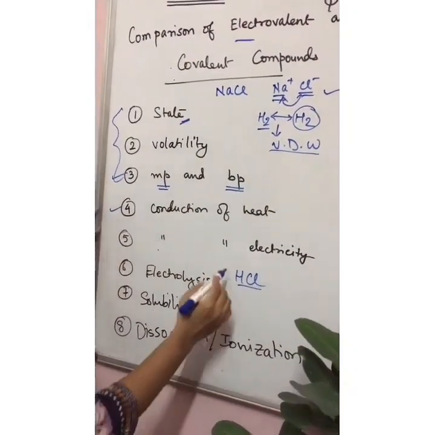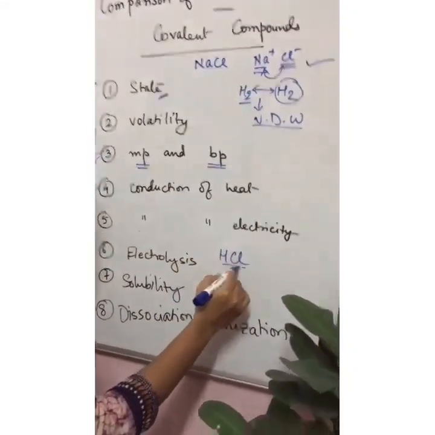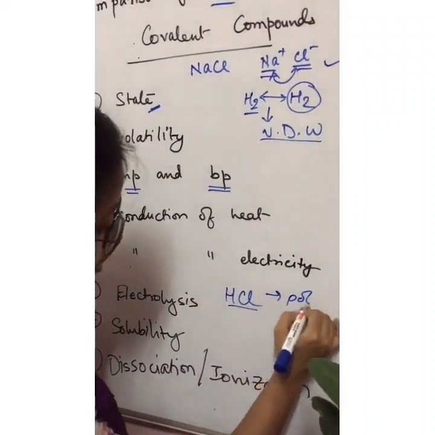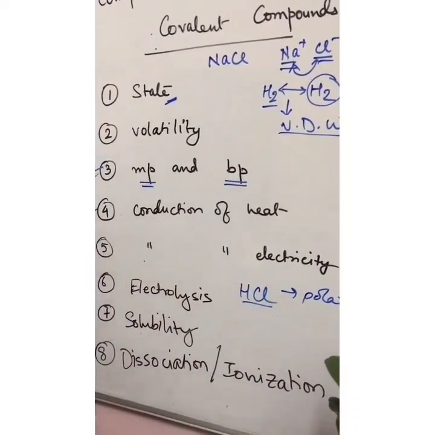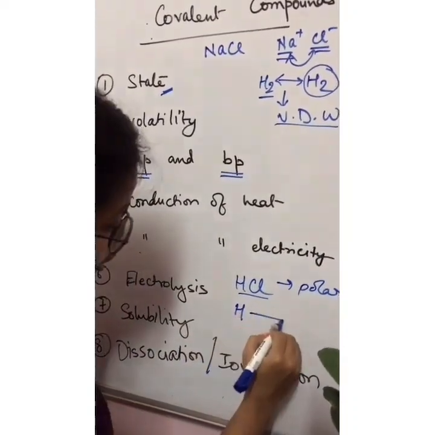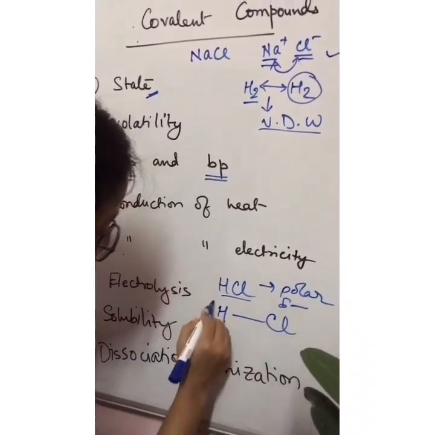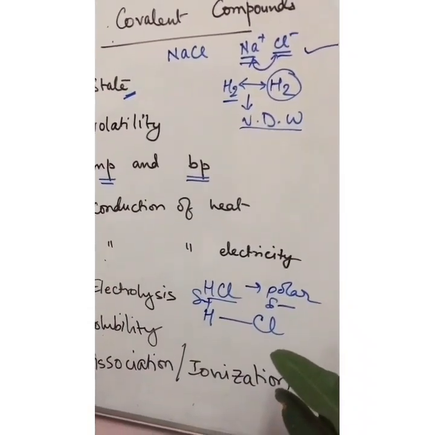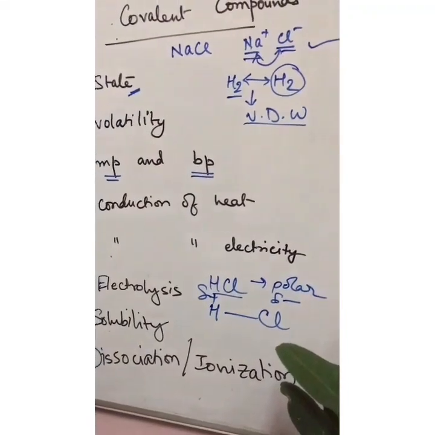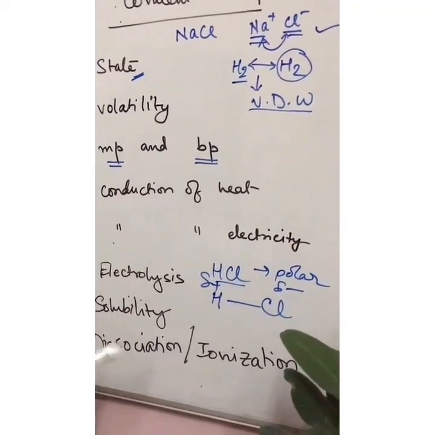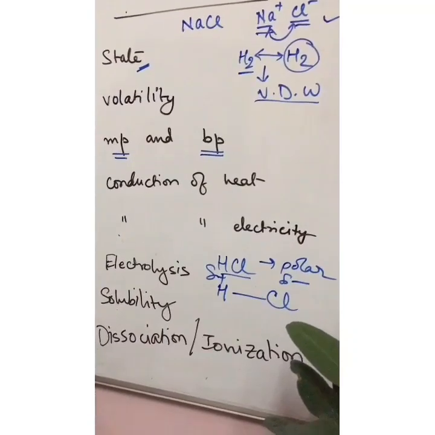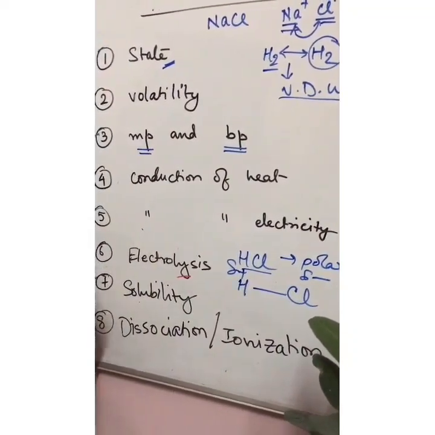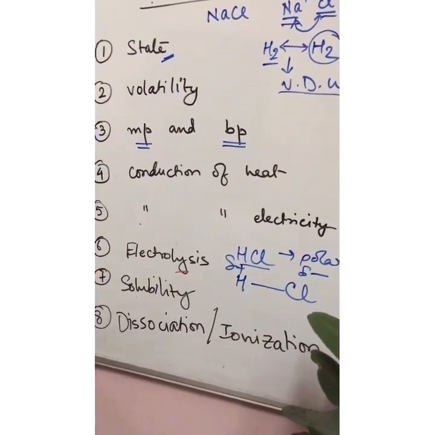Chlorine has high electronegativity, so HCl is a polar molecule, with a delta minus on one end and a delta plus on the other. So it can form ions. That is why polar covalent compounds can conduct electricity, but non-polar covalent compounds can't undergo electrolysis.